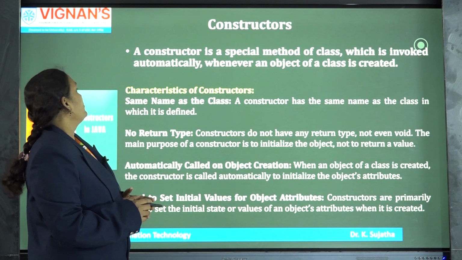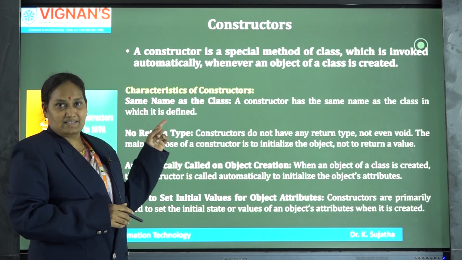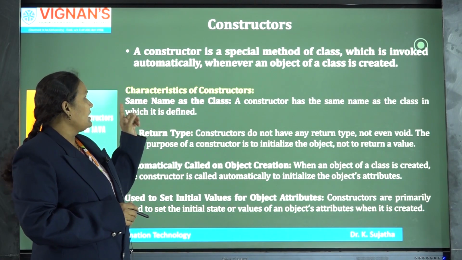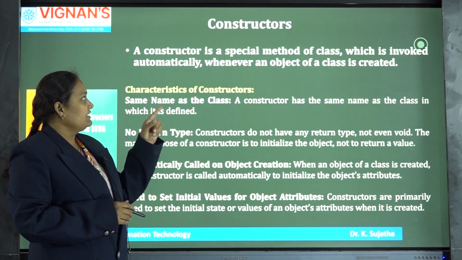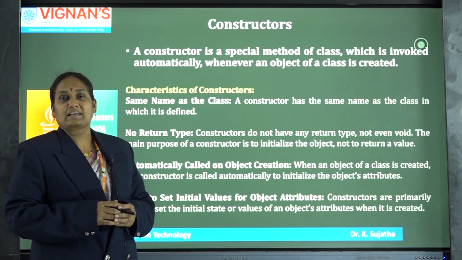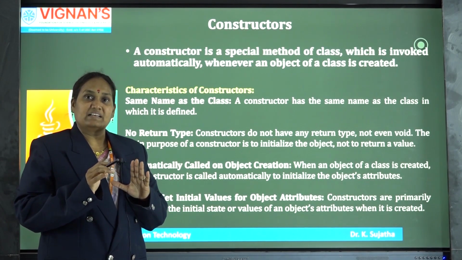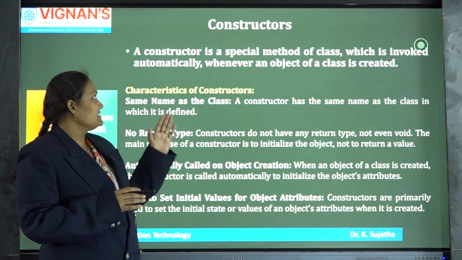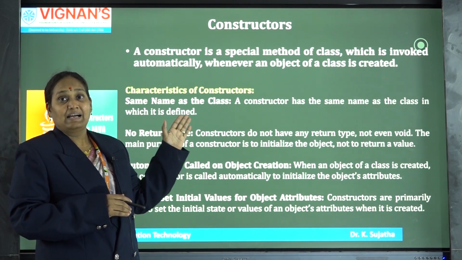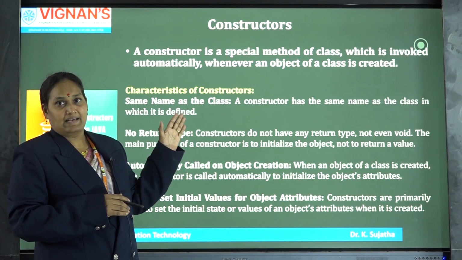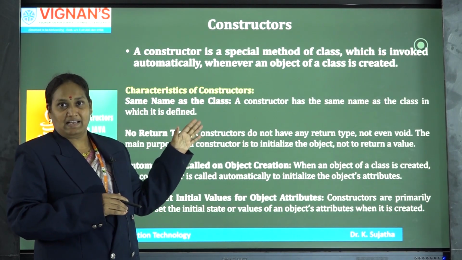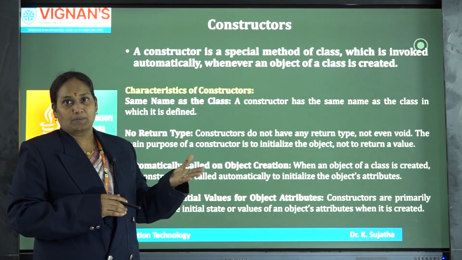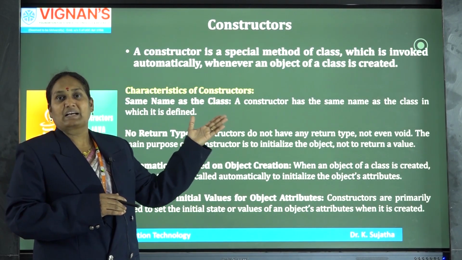Now see here, what is a constructor? A constructor is a special method of a class which is invoked automatically whenever an object of the class is created. So a constructor is very similar to a method, and it is also called a special method of a class, but it is automatically invoked whenever an object of a class is created.